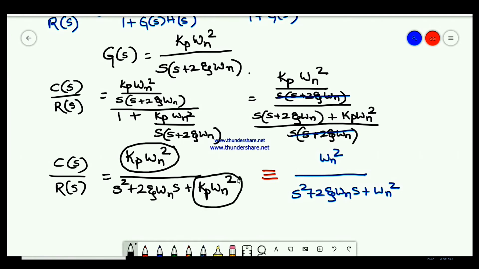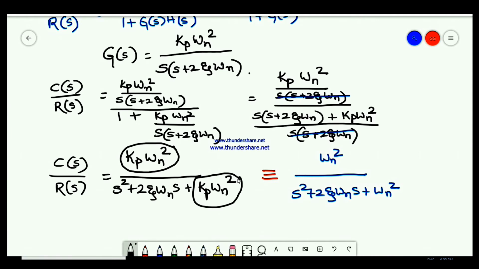As Kp increases, the natural frequency will also increase. Once the natural frequency is increasing, we know that the time taken is inversely proportional to the frequency. So once frequency increases because of Kp, time gets reduced.